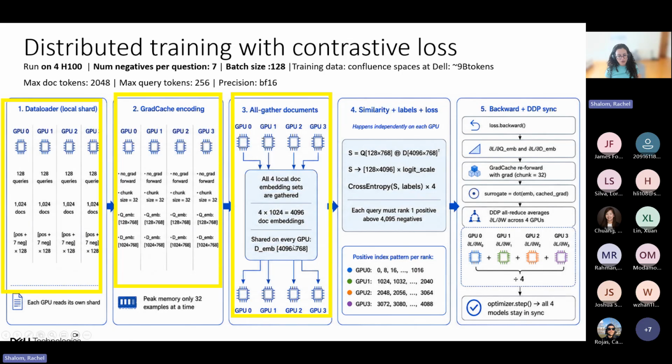Each GPU is holding a tensor that is 4,000 by 768. Okay, so remember the loss.